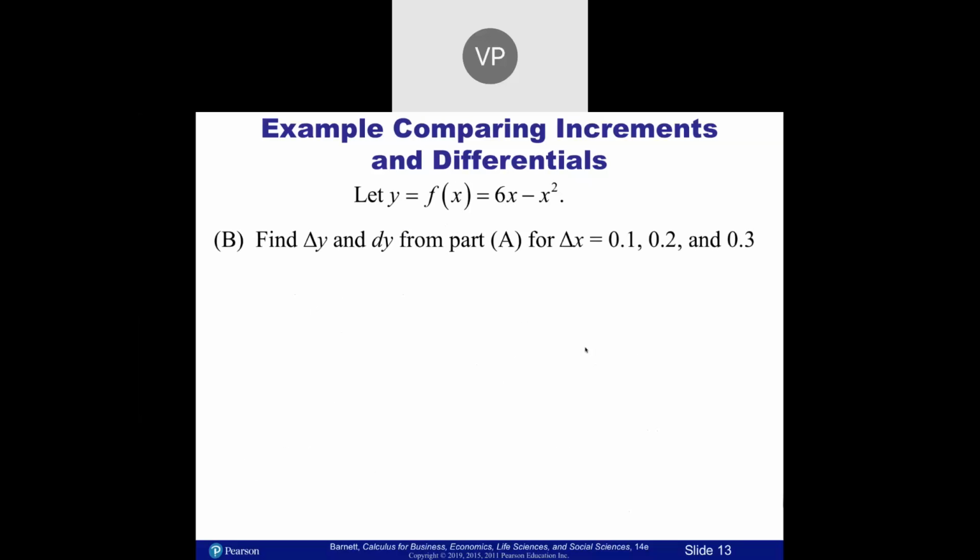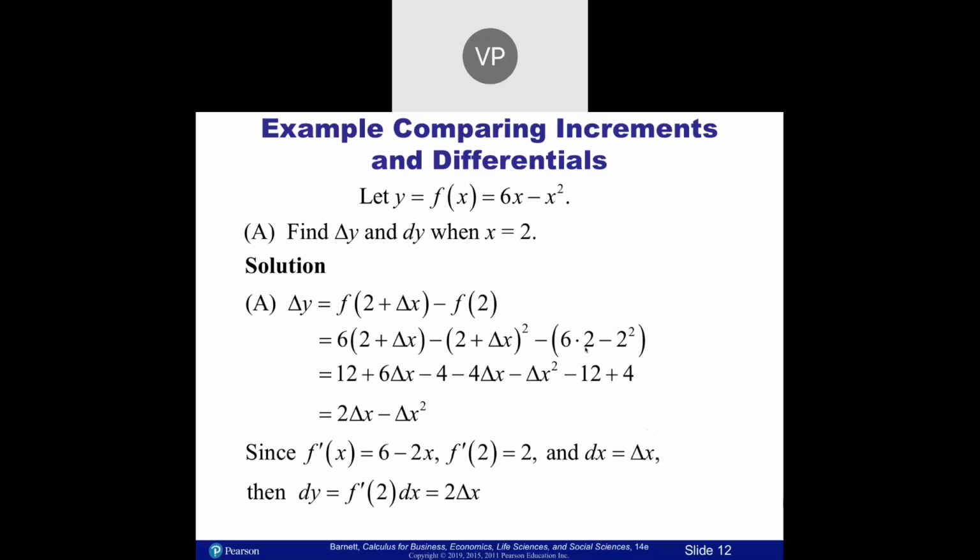So part B, we're going to find delta y and dy from part A, and they're going to give us various delta x's. So looking at these two things that we just found, this right here and this right here. Okay, so I'll just put it up on the top here. Delta y equals 2 delta x minus delta x squared.